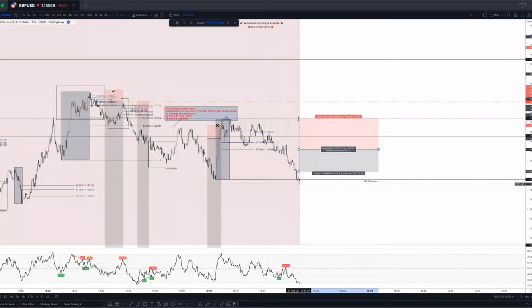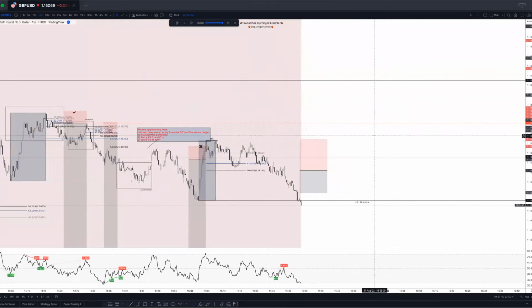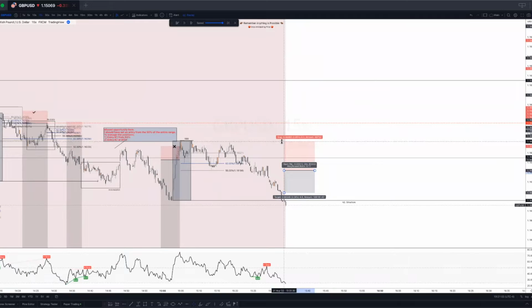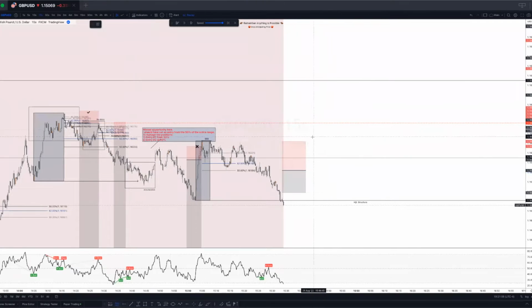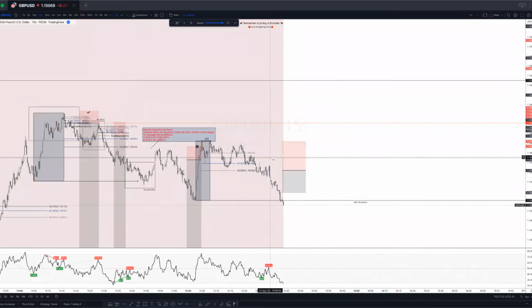So it's kind of large, a 6 pip stop. I can have it above these highs instead, and then I set, actually, this entry here. Don't worry about this entry. I set it here.